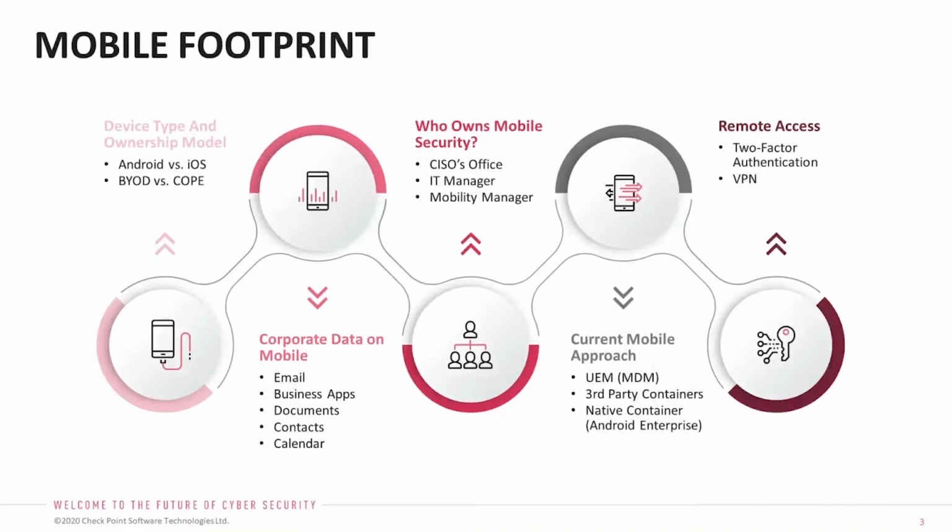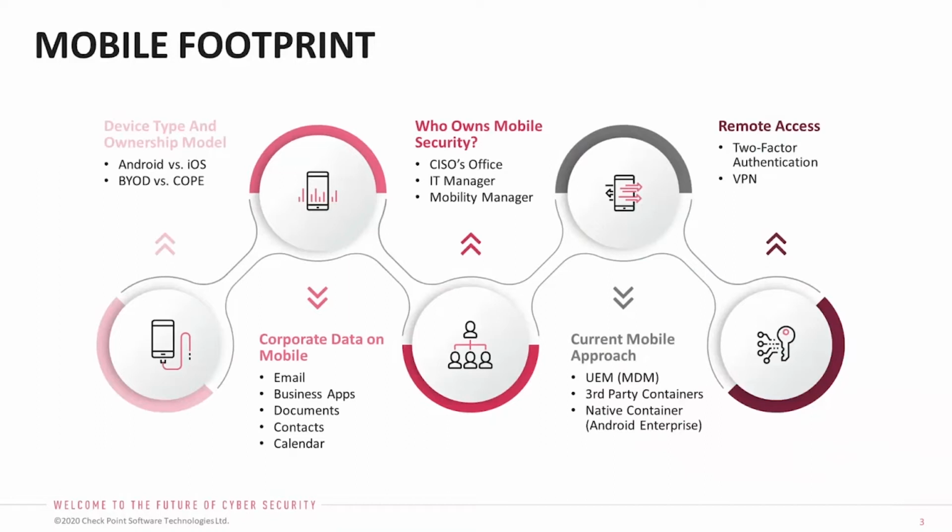And when you've got the device, what are you going to be able to access from it? Emails, business apps, calendar, contacts, all that kind of stuff? And if you're bringing your own device, or we're giving you a device, who owns the mobile security? Is it the CISO, the IT manager, or maybe a dedicated employee? Do you have a dedicated employee for that? A lot of questions to ask there.